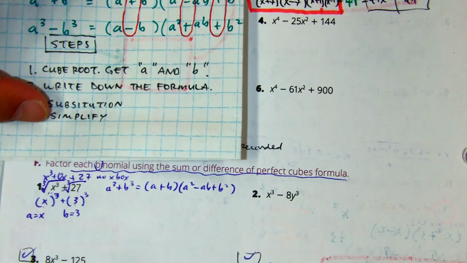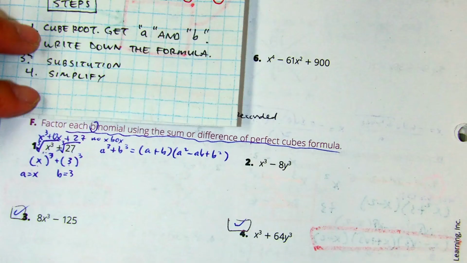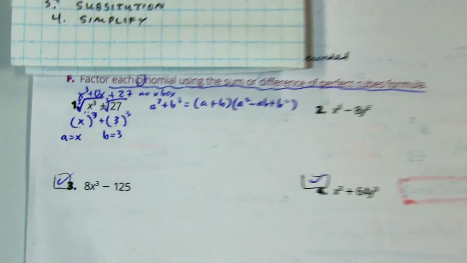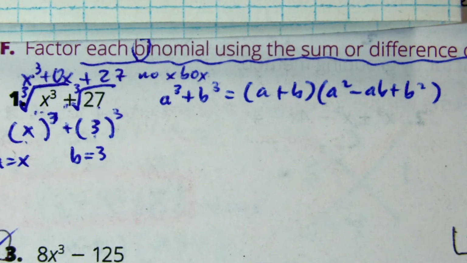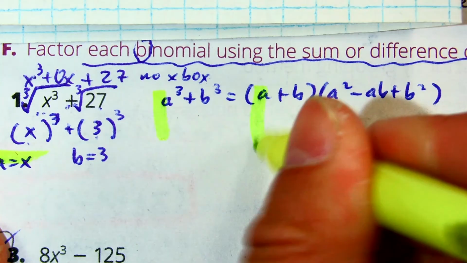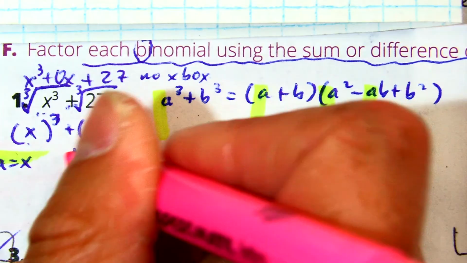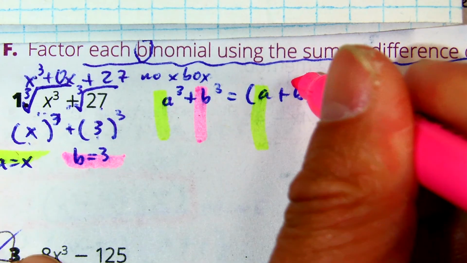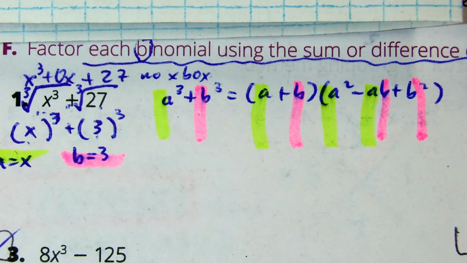Okay, the next thing I'm going to do now is just my substitutions. So let's do the substitutions. And I'll use B for pink. And now I'll do my substitutions.